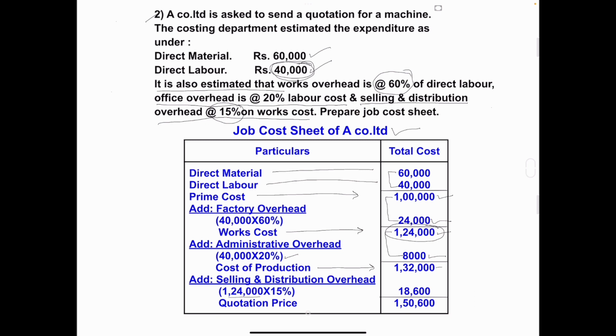So in bracket 1,24,000 into 15%, we will get 18,600. This is the selling and distribution overhead amount. Add these two figures. 1,32,000 plus 18,600 and the total is 1,50,600. This is quotation price.